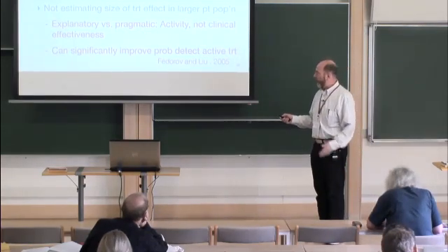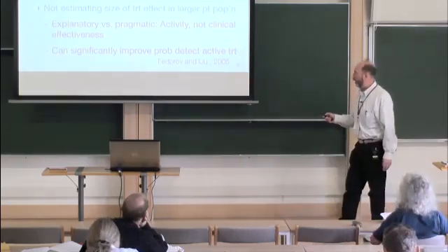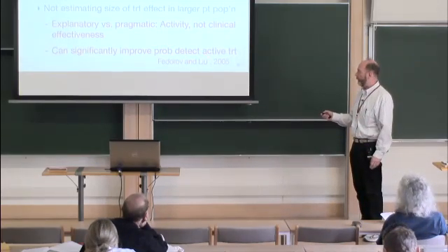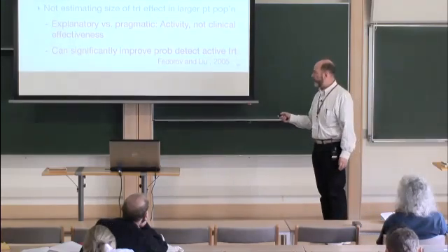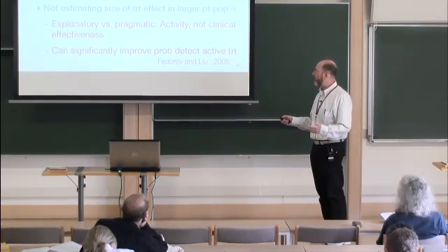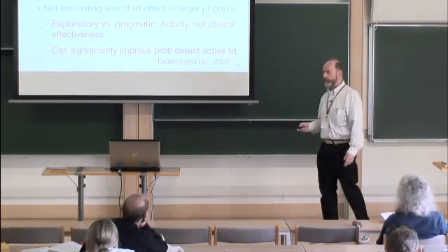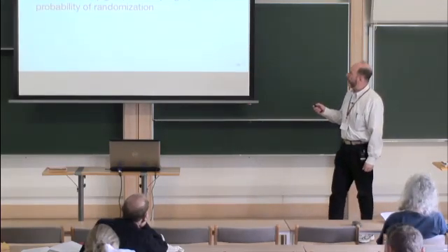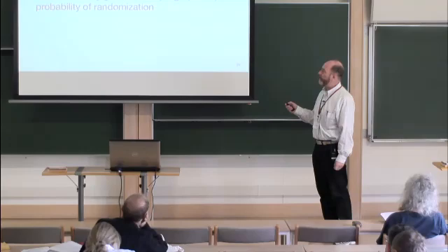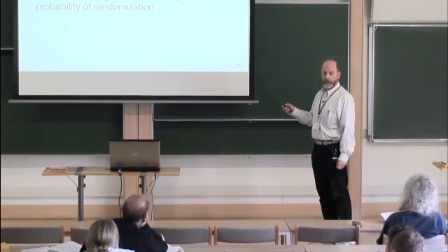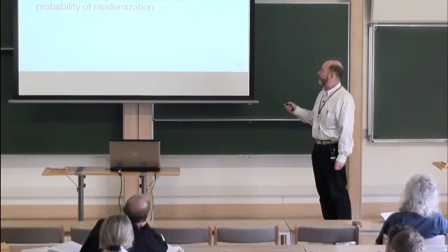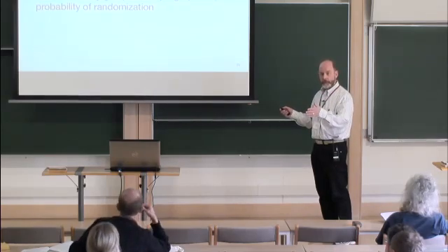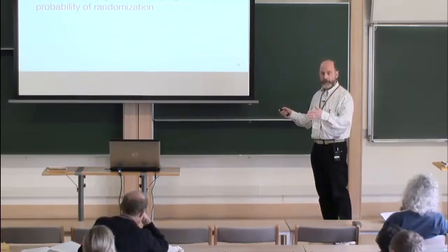And I know Val did some work early on comparing the randomized discontinuation design and showing that there are different situations where this design can improve over just a standard randomized design. So what are some limitations? Well, we may need to enter many patients into the study if it's a negative phase 2. We're assuming that there's no carryover effect, because after the randomization, some of the patients are going to stop that active treatment.